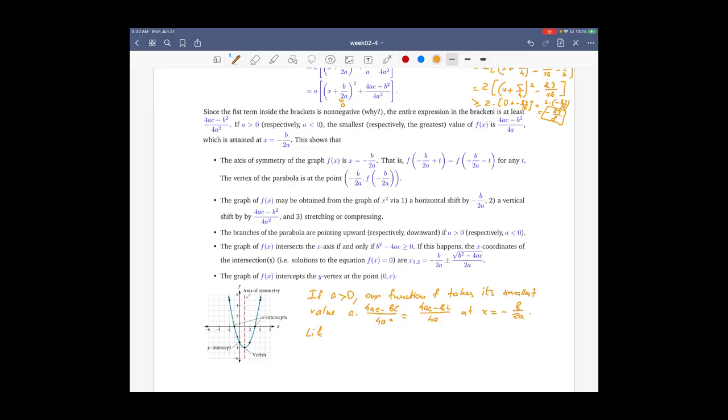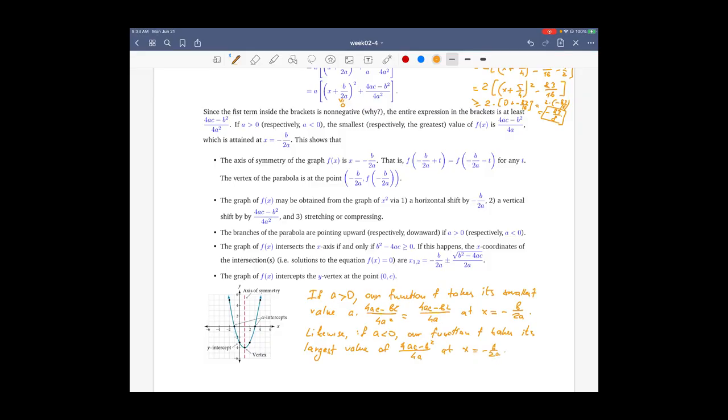And likewise, if a is negative, our quadratic function f takes its largest value, which is also (4ac minus b squared) divided by 4a, again at x equals negative b over 2a.